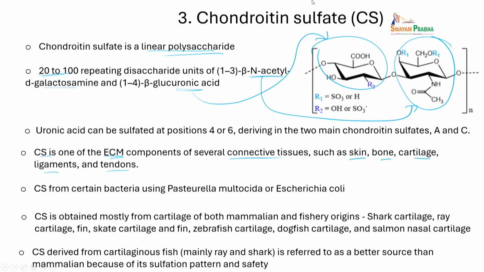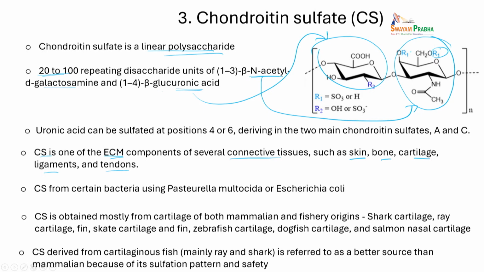So you have a dimer made up of this glucuronic acid and this N-acetyl galactosamine. This forms the repeating unit, and you'll have 20 to 100 such repeating units to get chondroitin sulfate. Sometimes the N-acetyl galactosamine groups can be sulfated, especially at position 4 and 6. Depending upon whether it is sulfated at 4 or 6, you have two types, type A and type C.